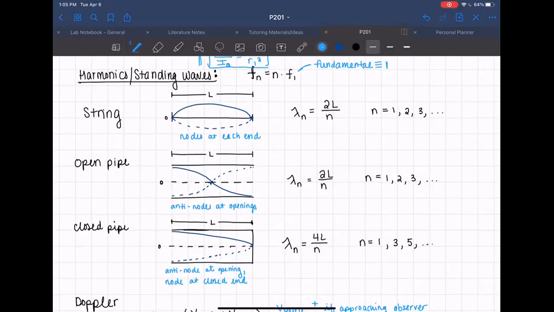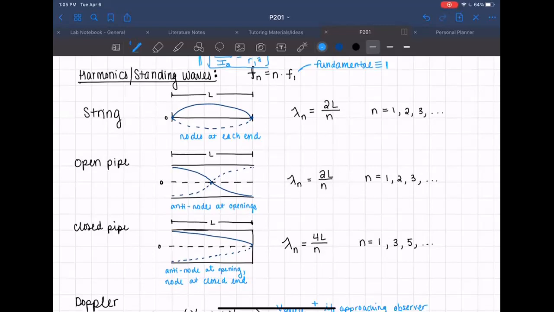As far as the wavelength, that's going to change depending on what system we have the harmonics or the standing waves on. The way that I broke these down is we have string, open pipe, closed pipe. I have a little sketch for each of them with the fundamental. And then in the light blue, it says the rules for basically how you have to draw these.